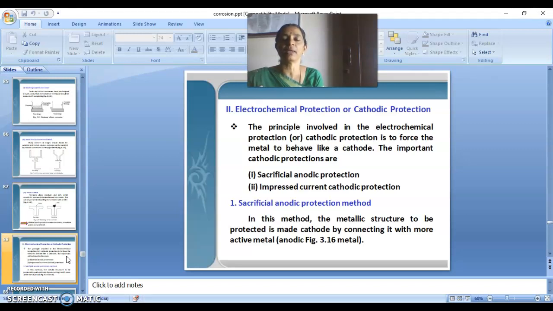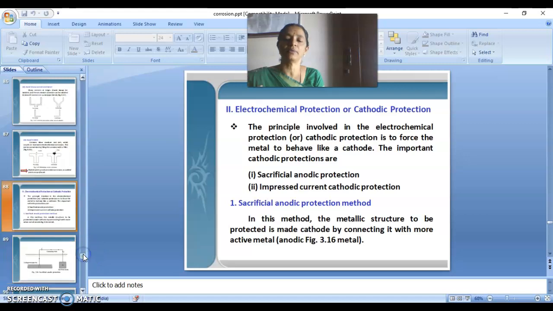This is the main method for the functioning of a ship or any marine vehicle without corrosion, because marine vehicles are economically highly costly vessels. So we have to save them. By using this electrochemical protection method, we can save the marine vessels.